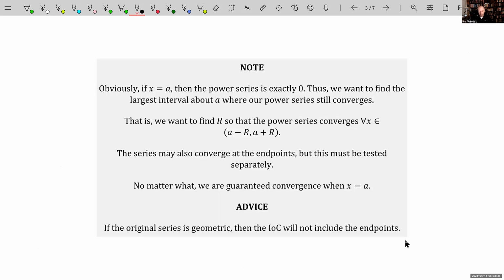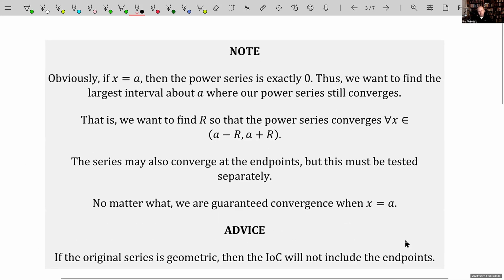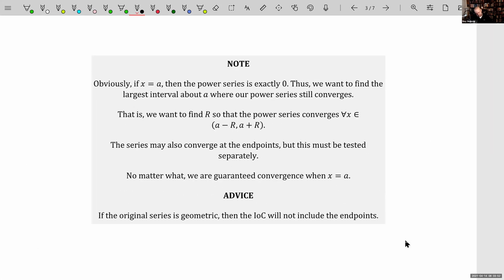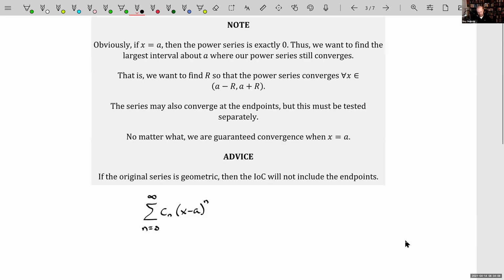But anyway, all right. So note, obviously, I hope it's somewhat obvious. Let me go ahead and write down the power series down here: the sum of c sub n times (x minus a) to the nth power to infinity. All right. So the first statement here is, obviously, if x equals a, the power series is exactly c sub 0.